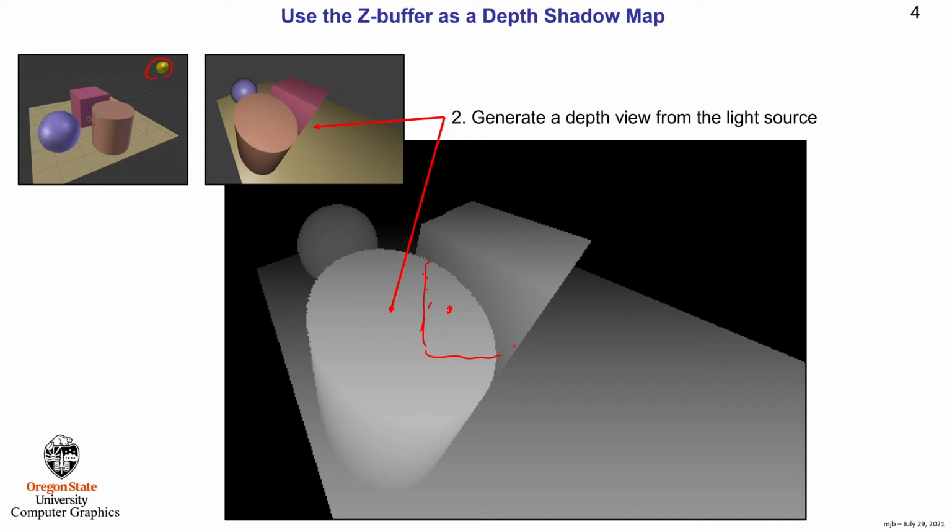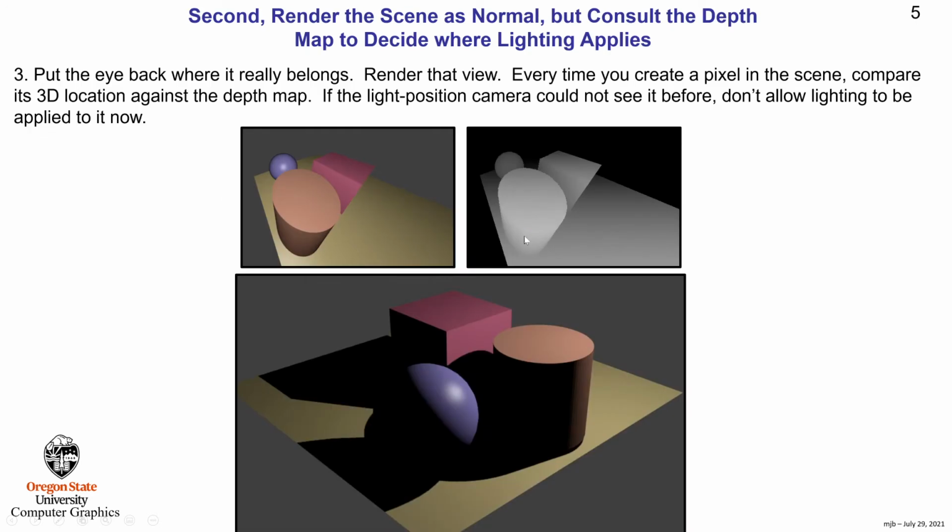And if it's farther away than the closest thing, I know it's in a shadow. That's the strategy, and you get cool looking shadowed effects. The shadows really are a wonderful depth cue. You look at the bare scene without shadows and the scene with shadows, and the scene with shadows is so much richer than the one without.